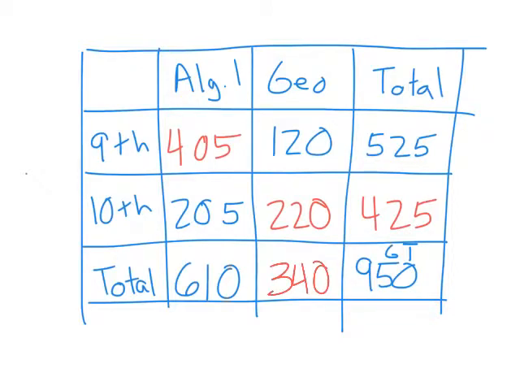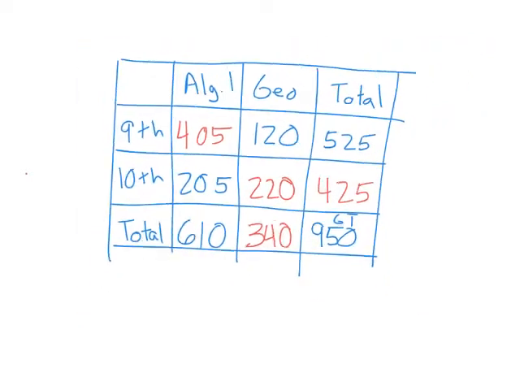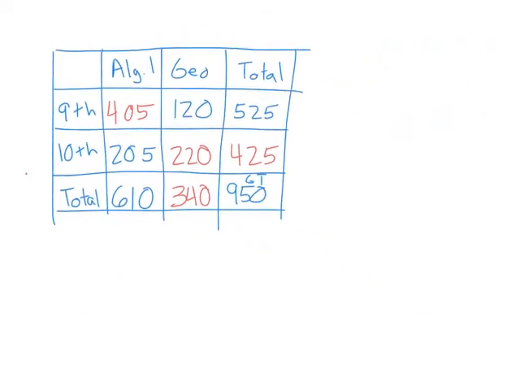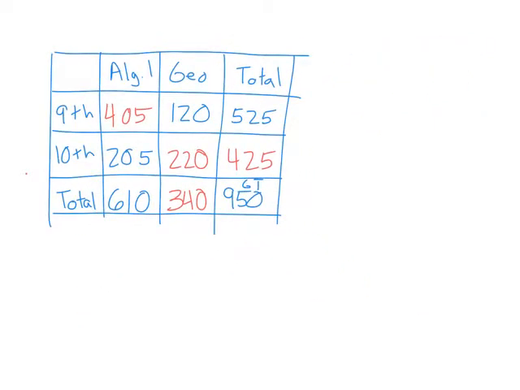Okay, this is a skill you have to be able to do: complete a frequency table based on the total and the pieces that are missing. And then from there, let me shrink this a little bit. I want you to answer two questions for me.